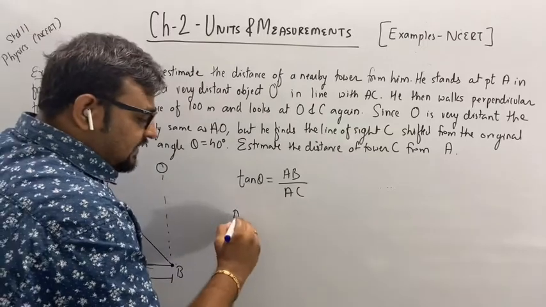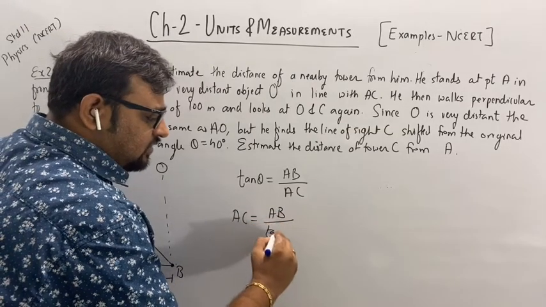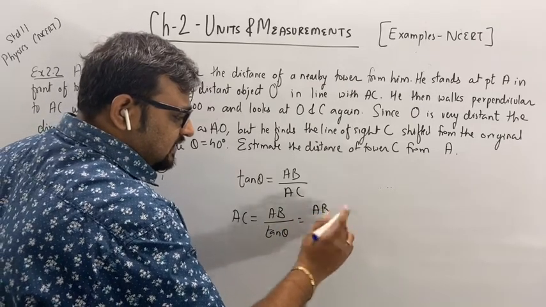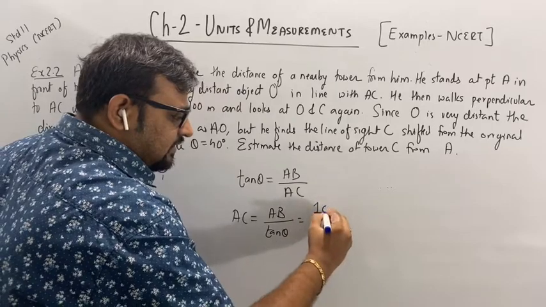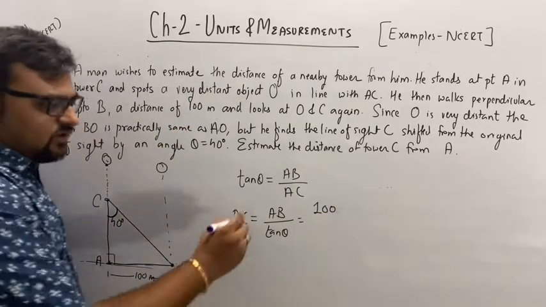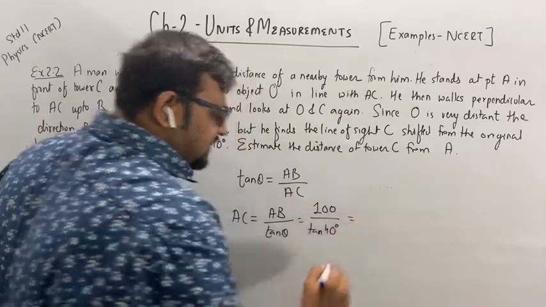Clear? So AC will be equal to AB upon tan theta. What is AB? 100 meter, it was given. And tan theta is tan 40 degree.